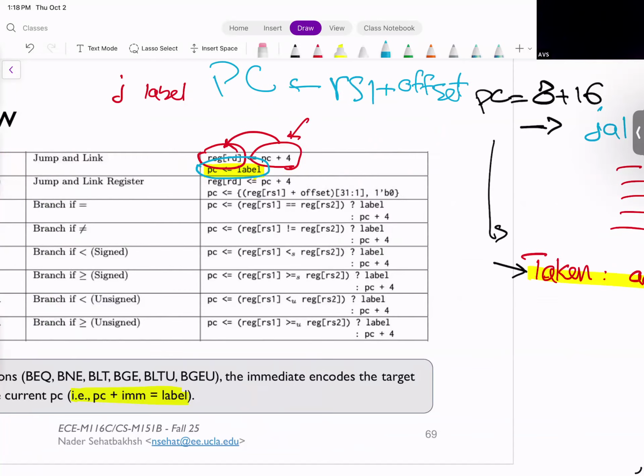This is useful for function calls, for example, because function calls are typically very far away. They're not within 4 or 8 or 16 distance of the current PC. They might be 1,000 lines away. So I write the location of the beginning of that function in RS1 and jump to there. The linking part, though, is the same.